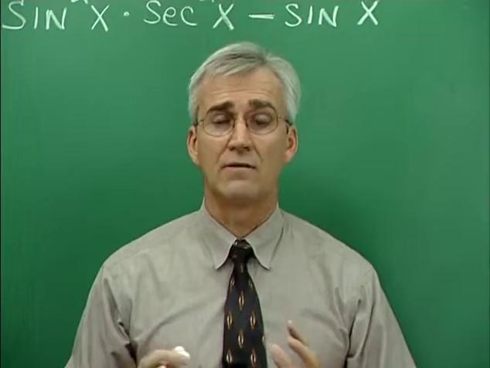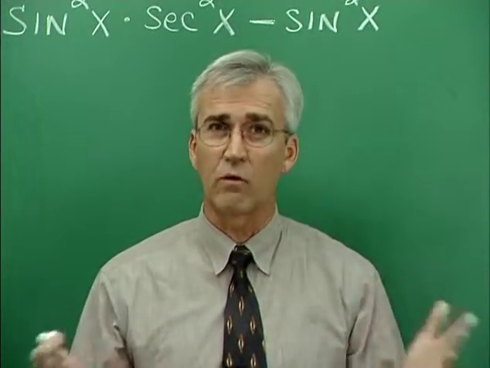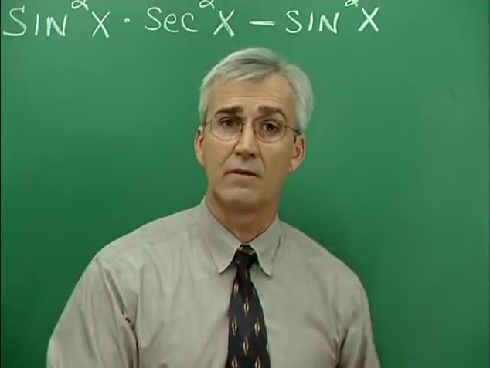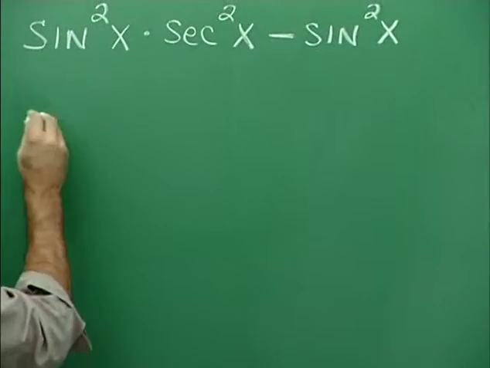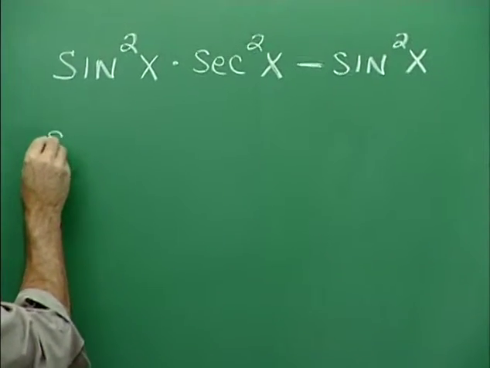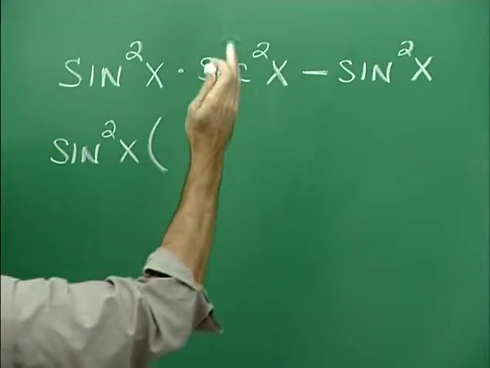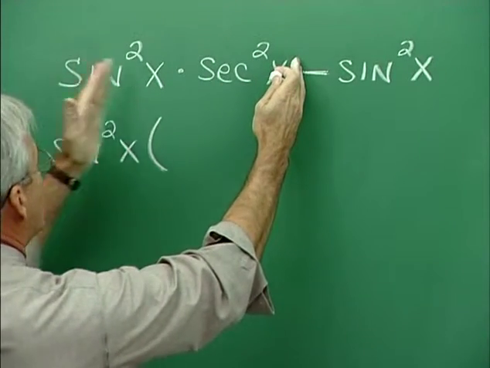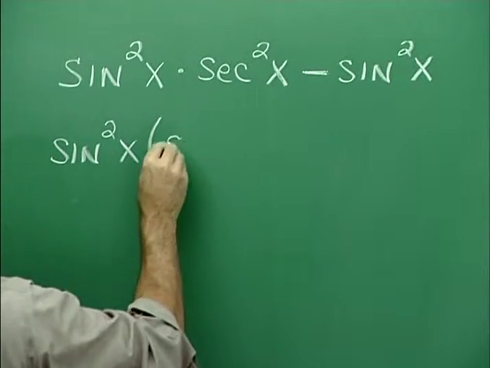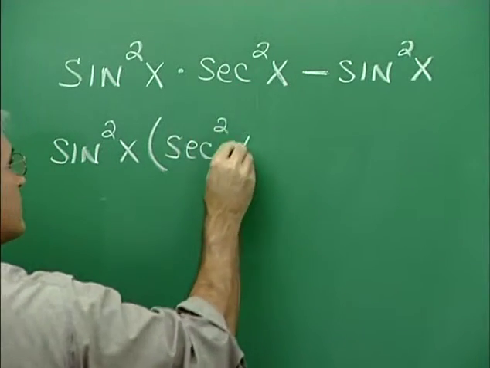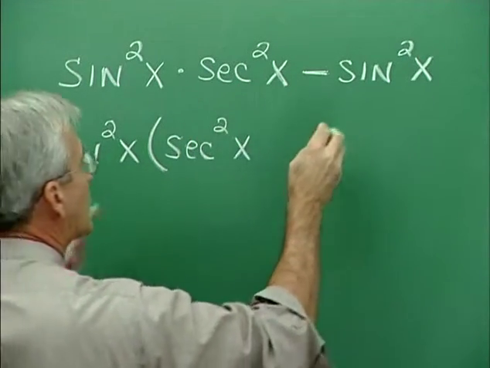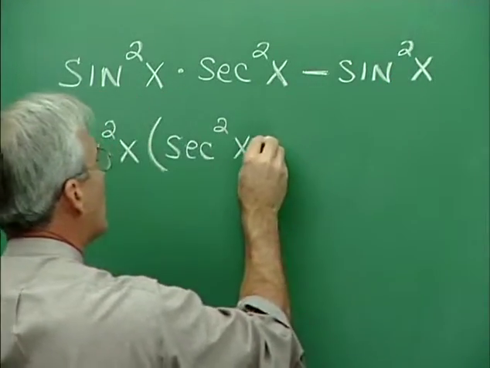We're going to see a lot of times where we can approach the problem in 3 or 4 different ways and arrive at the same kind of result. But here, what I want to show is that we can take sine squared x out of these two terms. Now, when I take sine squared x out of this term, I'm left with secant squared x. And when I take sine squared x out of this term, I'm left with 1.